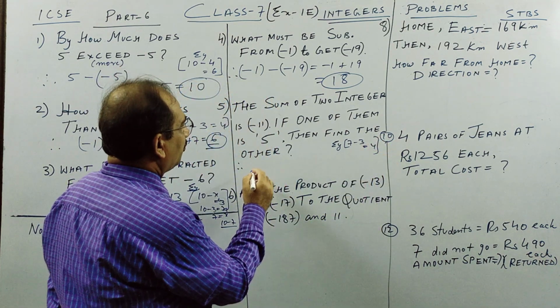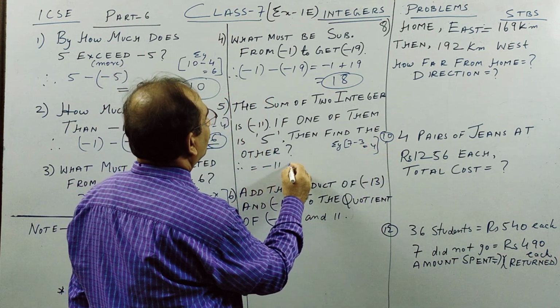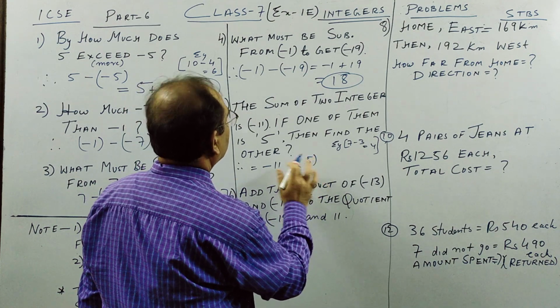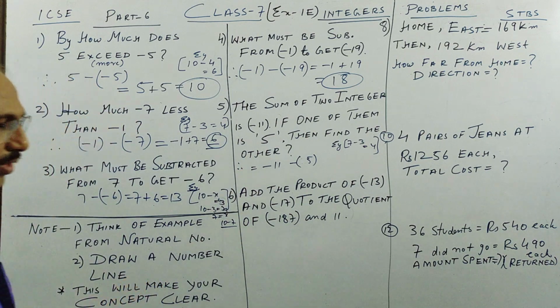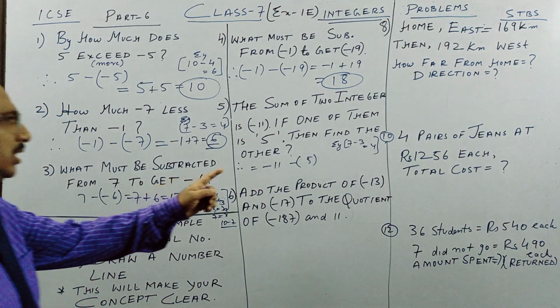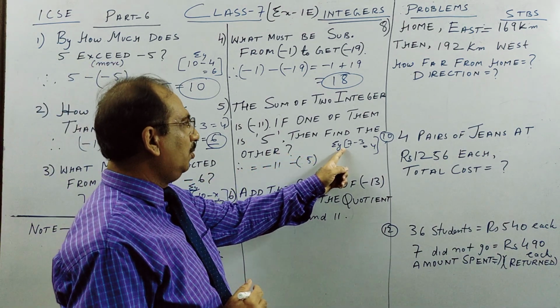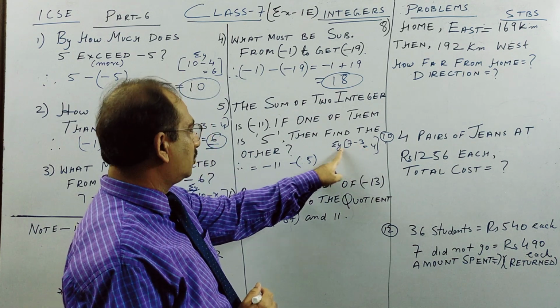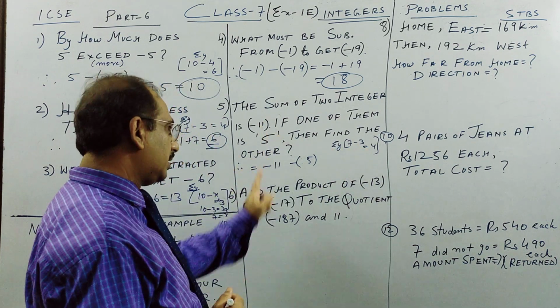So what we do is from the sum, we subtract the other one. If the sum of two numbers is 7 and one of them is 3, what is the other? So 7 minus 3. Same logic.